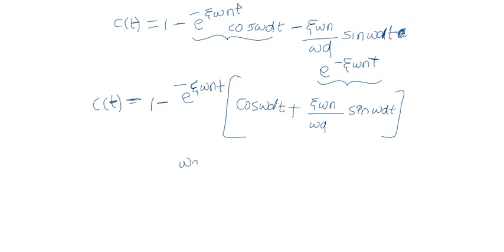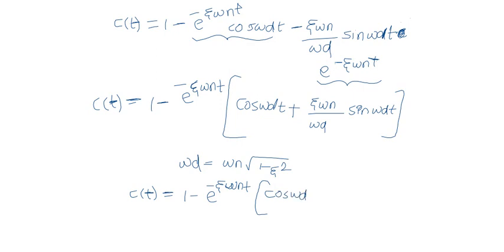But we know that, simplifying this one, omega d equals omega n into under root of 1 minus zeta square. So just substitute the omega d value here. Then C of t becomes 1 minus e power minus zeta omega n t, cos omega d t, and zeta omega n by omega n into under root of 1 minus zeta square into sin omega d t.